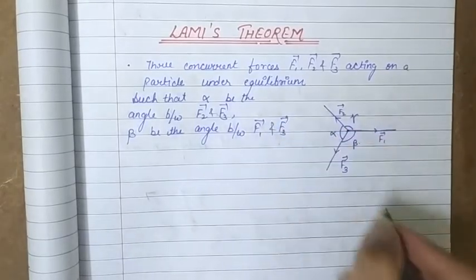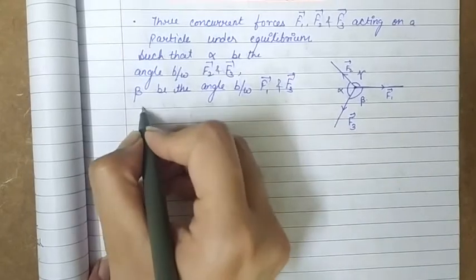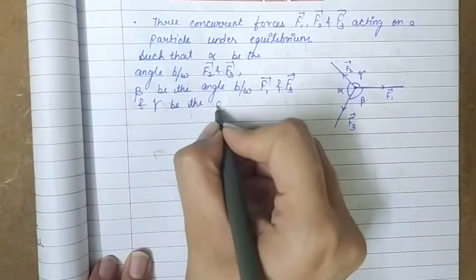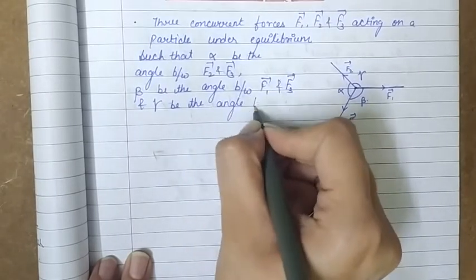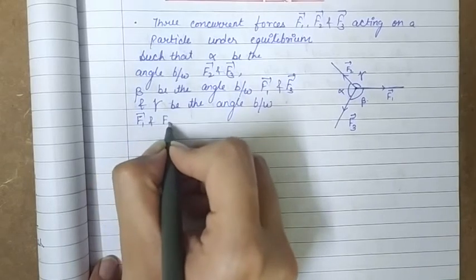You can also see in the diagram that the angle between F1 and F3 is beta, and last one is gamma be the angle between F1 and F2.